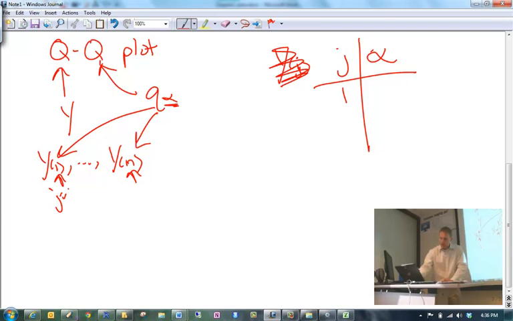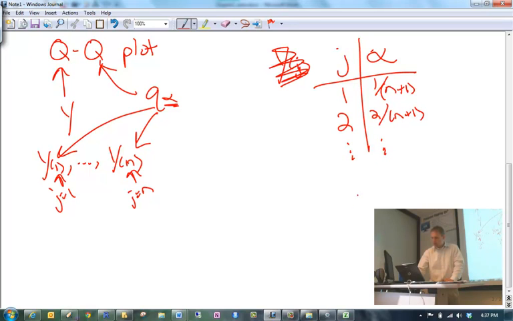So for J equal 1, I'm going to use 1 over n plus 1. For J equal 2, I'm going to use 2 over n plus 1. I'm going to keep going down to the nth value, where I'm going to use n over n plus 1. So in other words, I'm going to go to my Rayleigh distribution, find the 1 over n plus 1 quantile, and plot that against my smallest value.